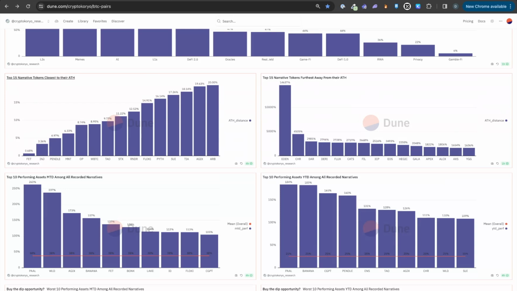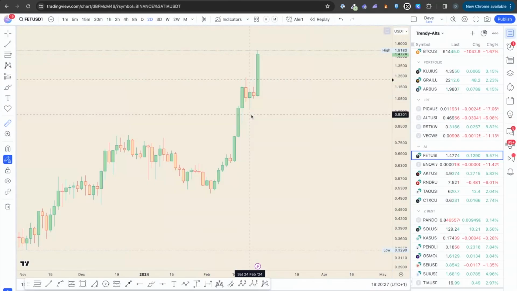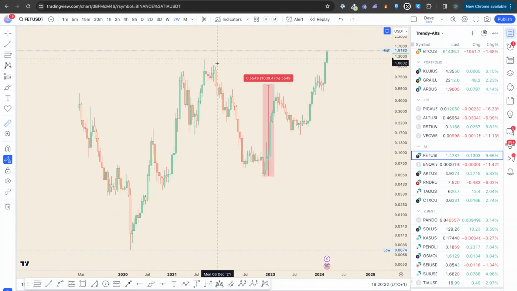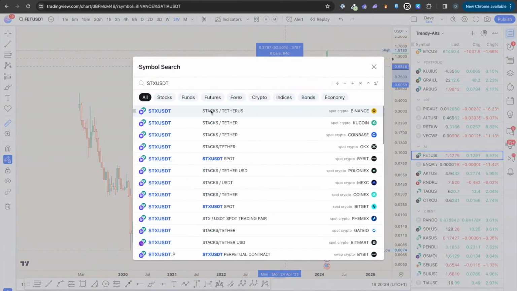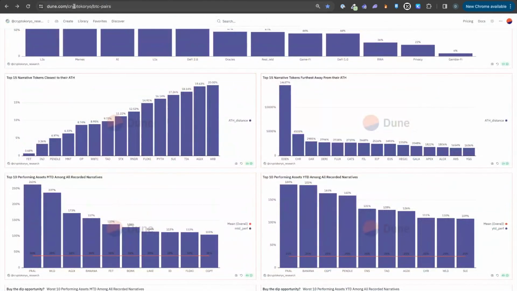So if we go on TradingView, for example, and we check FET, if you go on 2 weeks, you can see that it's already in all-time high region. Okay, and so this is a bullish one. If you look at STX, the Bitcoin layer 2, you can see that it's close to its all-time high. If you look at Injective, same thing.